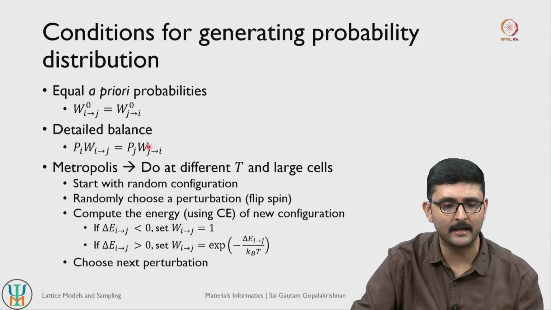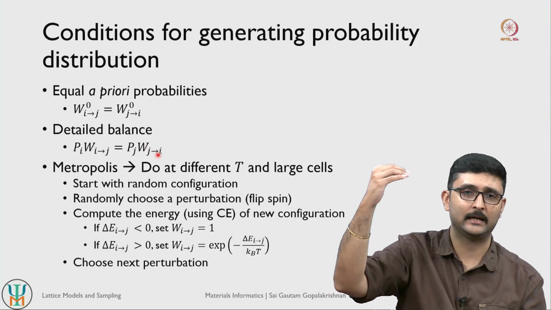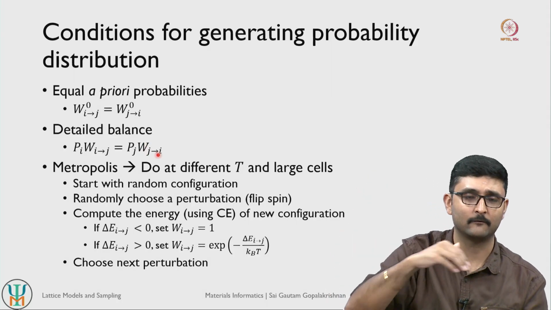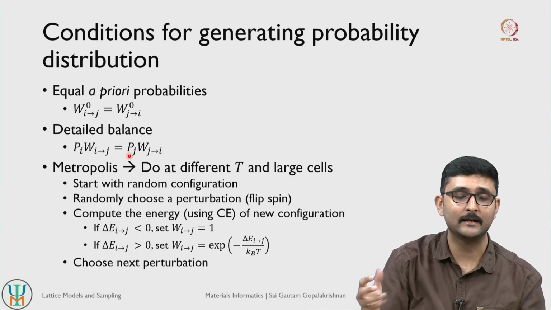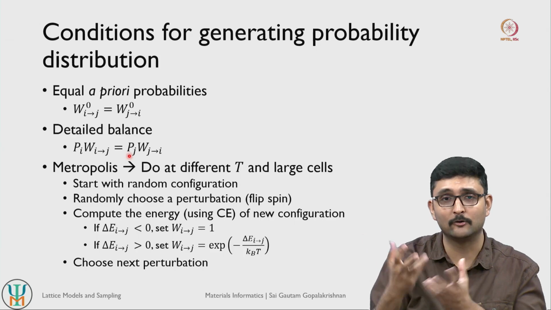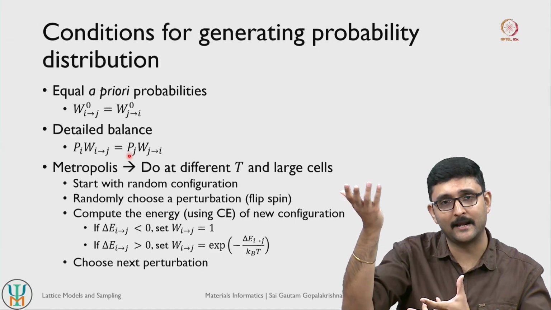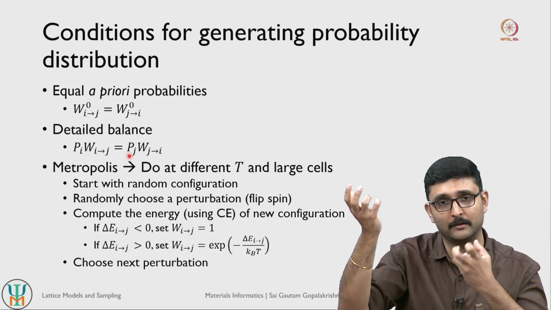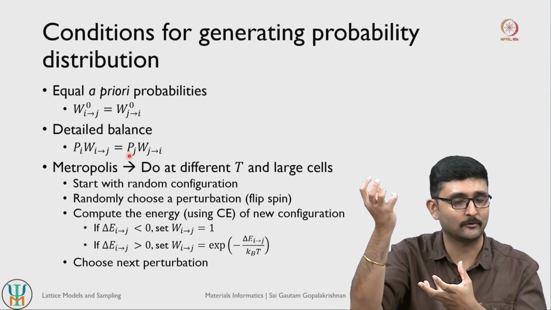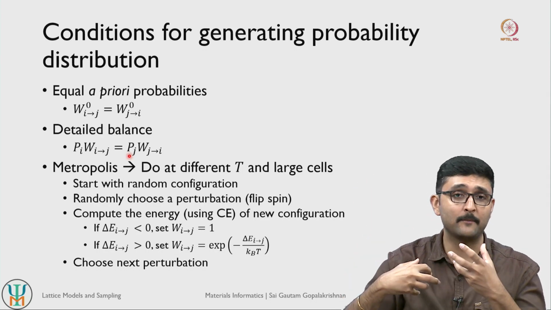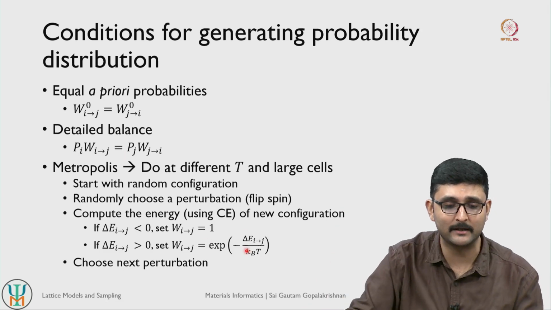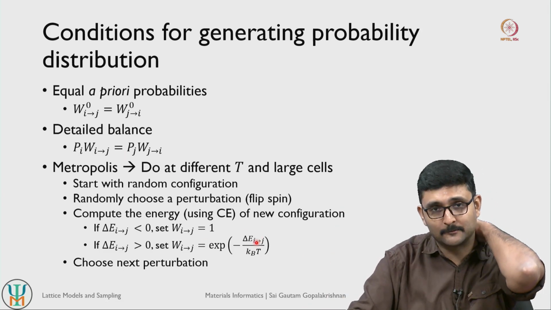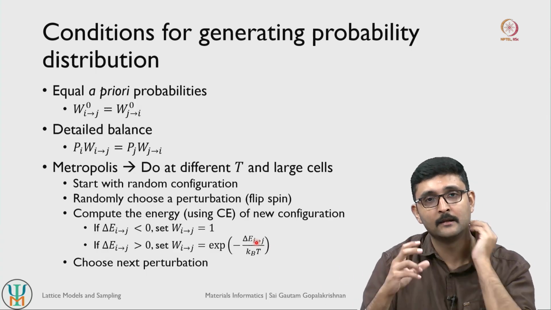On the right hand side we have W_j→i, a downhill transition, so that will have a probability of 1. But the probability that your system is actually in state j will be lower, because microstate j is at a higher energy compared to microstate i. The probability that the system will be in that higher energy state depends on the exponent of the energy difference between i and j.